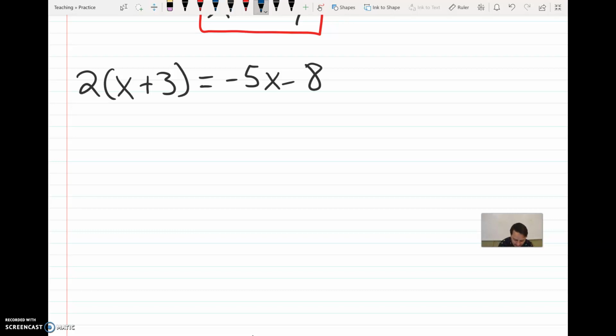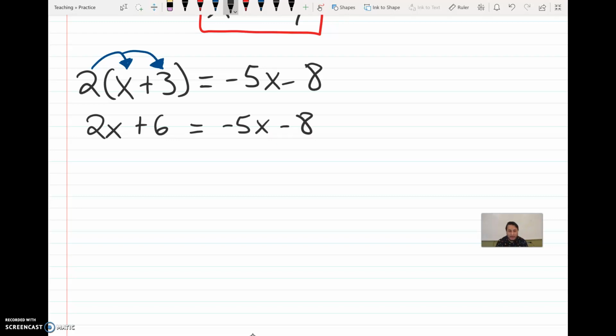The way we distribute, guys, remember, we look at the number exactly in front of the parentheses, and we distribute that inside the parentheses to both of them. So 2 times x is 2x. 2 times 3 is nothing more than 6. This is equal to negative 5x minus 8.